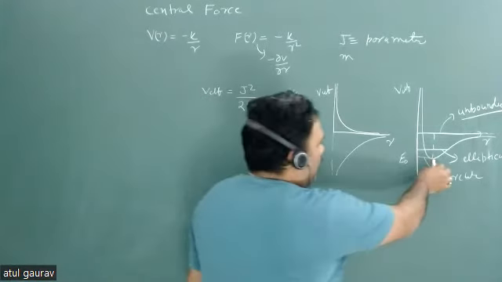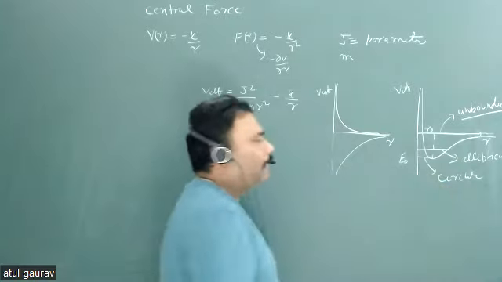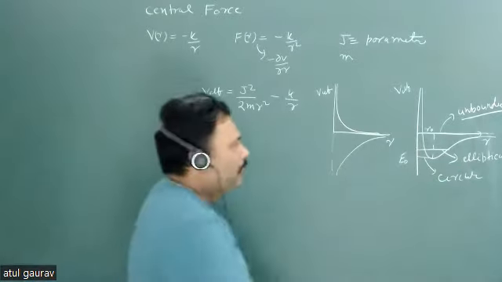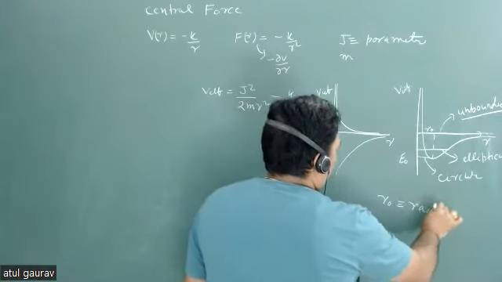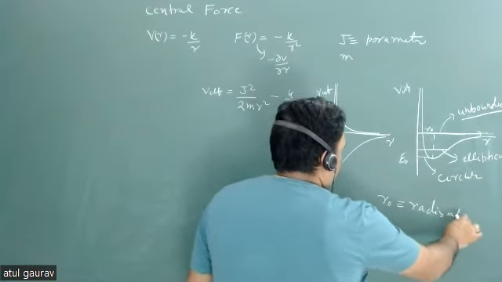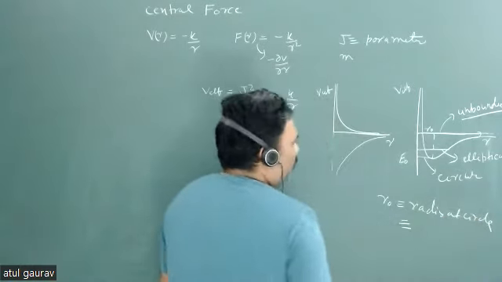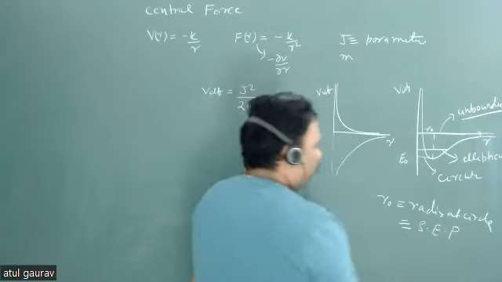This is nothing but the radius of the circle, R naught, and this R naught is also identified as the stable equilibrium point.